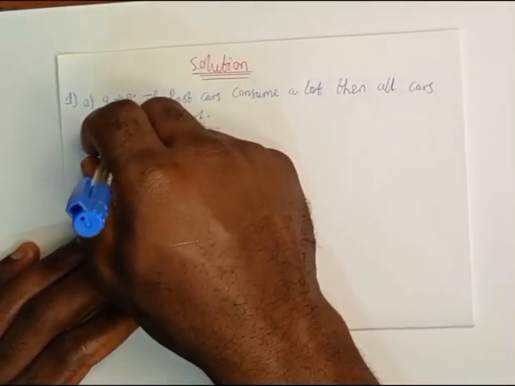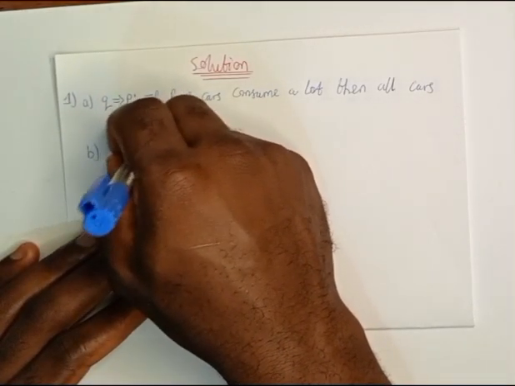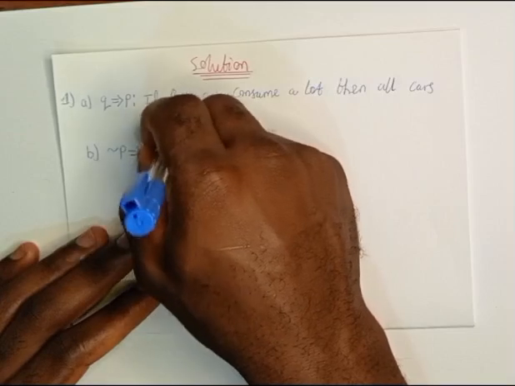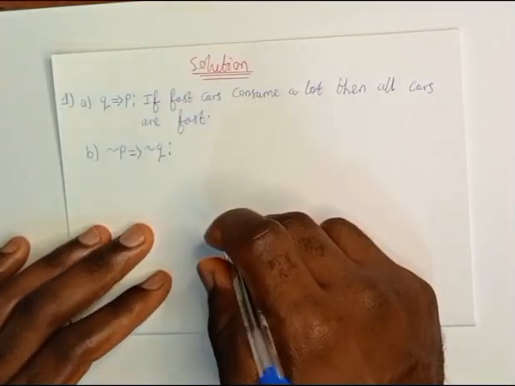For B, we have not P implying not Q, which is the inverse.